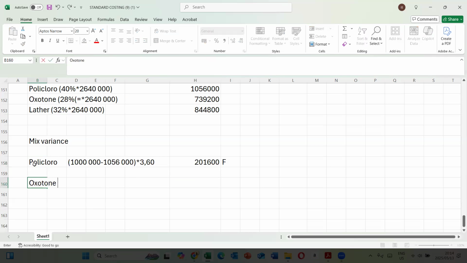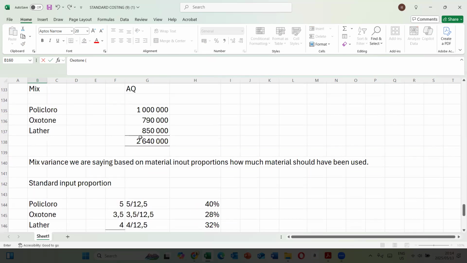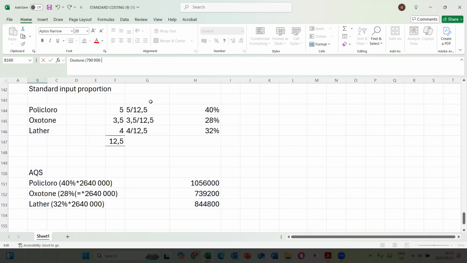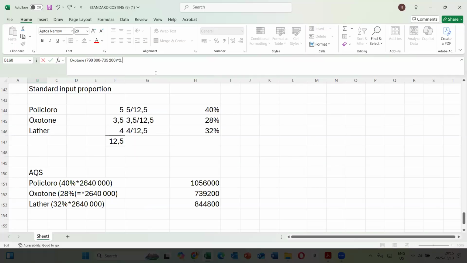So oxotone, all right, so we're going to take, in regards to this, what we used, right? So we used 790, right? Minus what we should have used, which is 739,200 times the standard price. So in this case, the standard price is 2.20. So times 2.20.